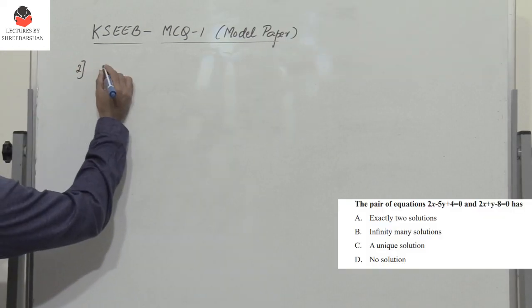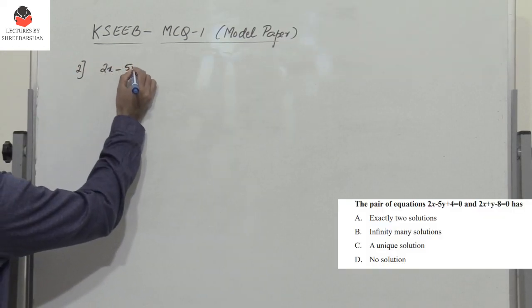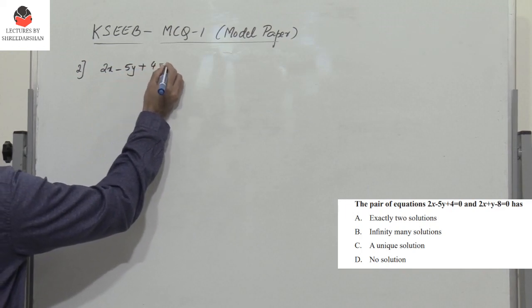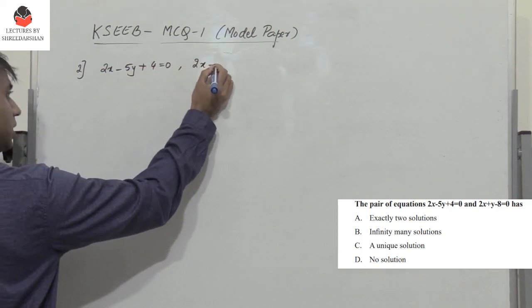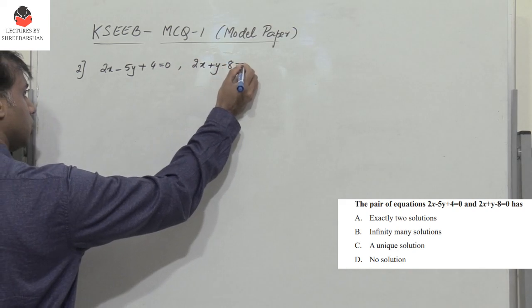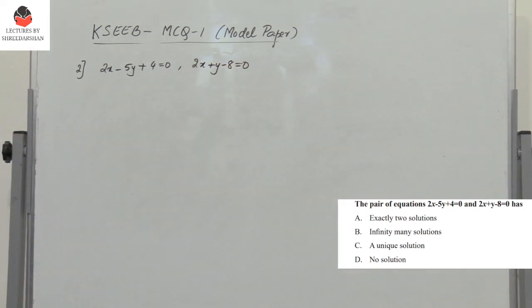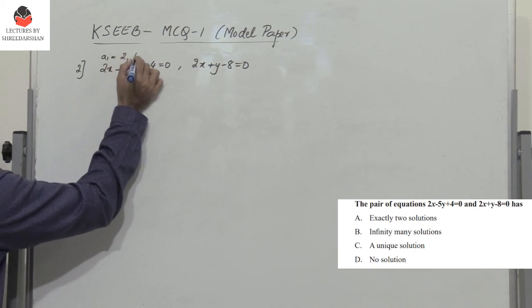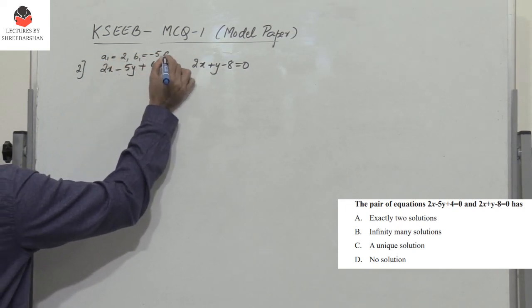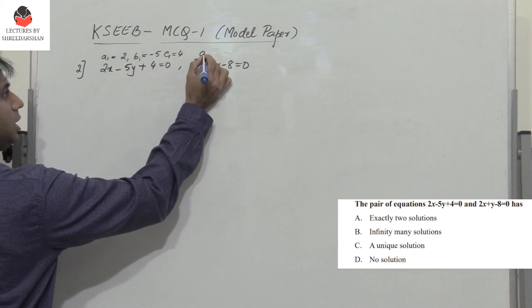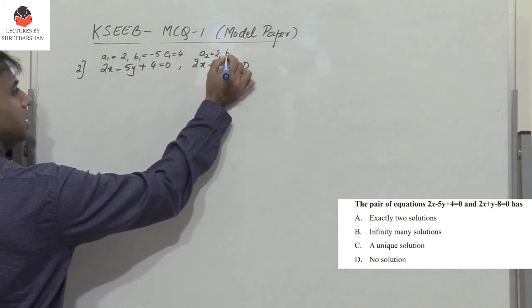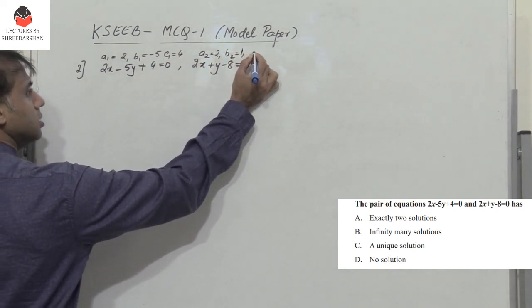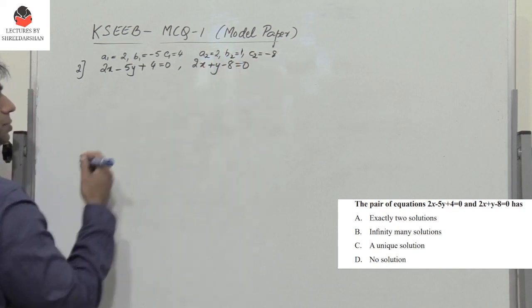Given a pair of linear equations 2x minus 5y plus 4 equals 0 and 2x plus y minus 8 equals 0, we have to identify whether they have a unique solution or not. So a1 is 2, b1 is minus 5, c1 is 4, similarly a2 is 2, b2 is 1, c2 is minus 8.